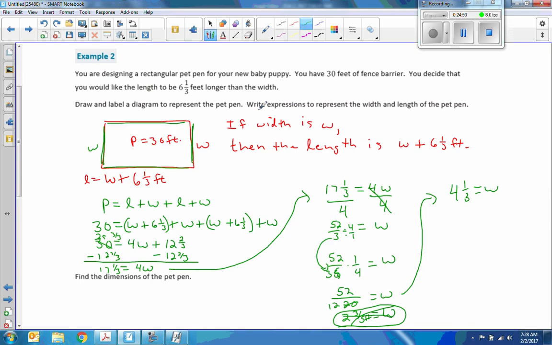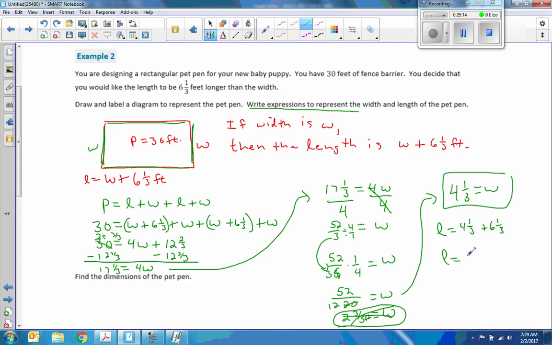Did I answer the question? Write the expressions to represent the width and length of the pen. Okay, so here's the width, 4 1/3. The length is the width plus 6. So the length is 4 1/3 plus 6 1/3.